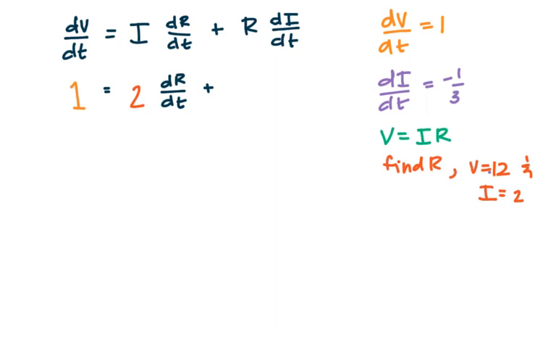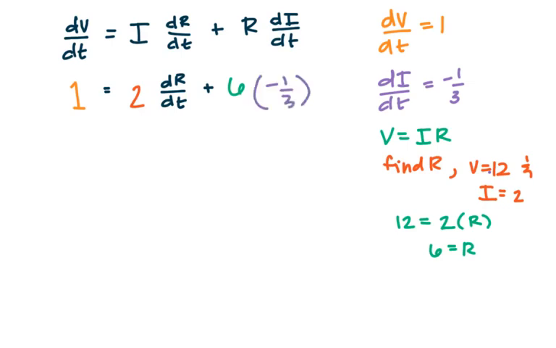And if I know V and I, I can find R. So V, 12, equals 2 times R, or rather 6 equals R. So I'm going to plug my 6 in for R, and dI/dt is negative 1/3.